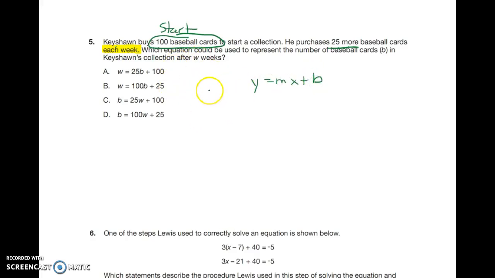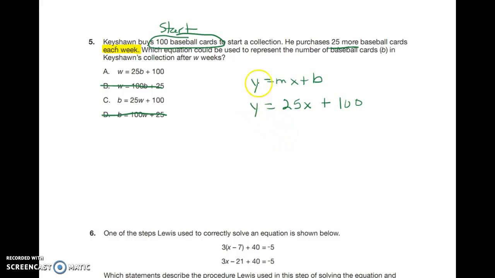And you can see that by all these equations, they all say that. So the trick is to figure out what our rate is and what our starting point is. Since we've already got that figured out, we can just substitute those numbers. So I have y equals our rate, which is 25x, plus 100, our starting point. Seeing this form, it automatically eliminates B and it eliminates D. So now we have to just figure out where the B and the W go.